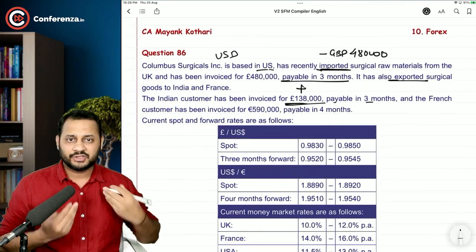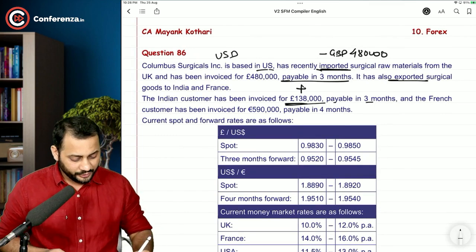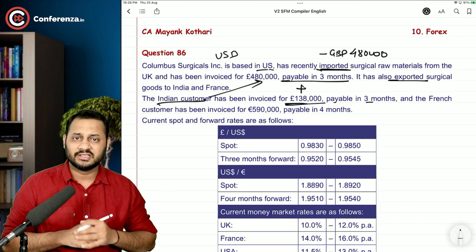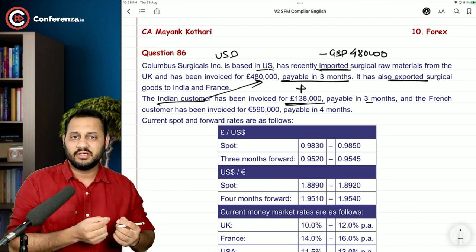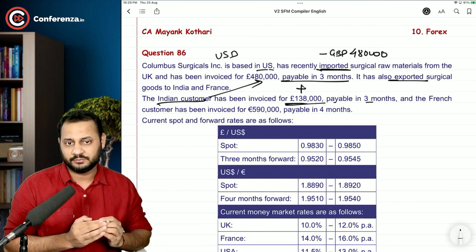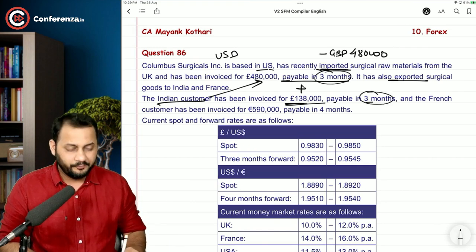The Indian customer has to make a payment to us of 1,38,000 pounds. What we are going to do, we will ask the Indian customer to make the payment towards this liability of ours, and the balance liability will be paid by us. So we can reduce the transaction cost as well, because the timing is also the same.